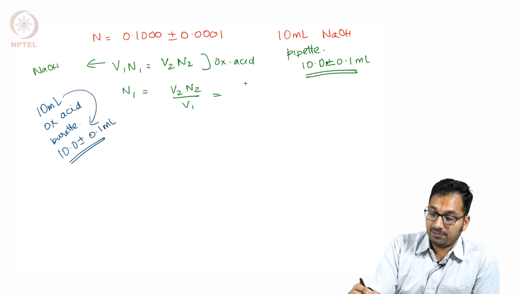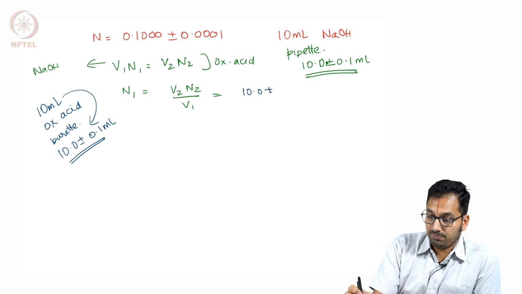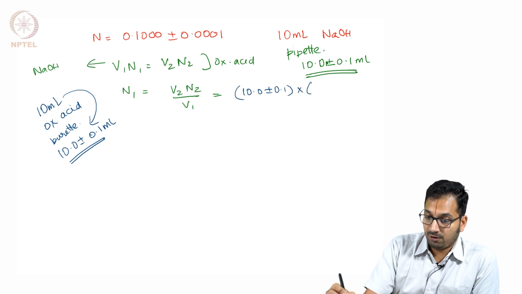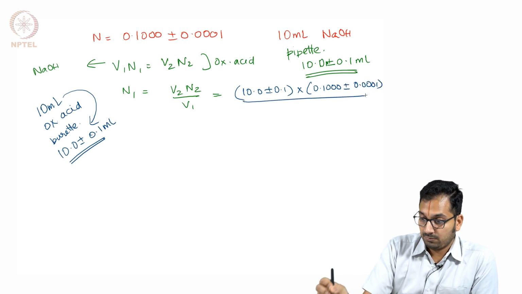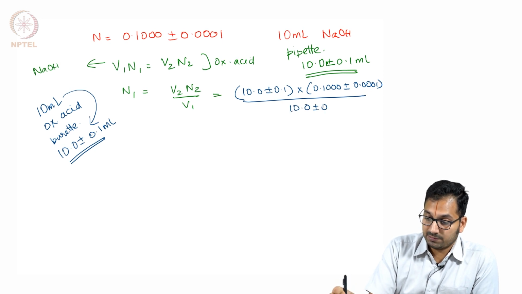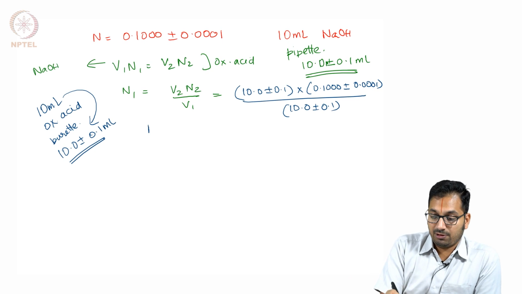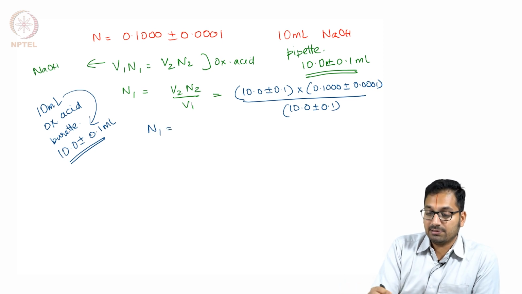So what ends up happening is that you have 10.0 plus minus 0.1 multiplied by normality, which is 0.1000 plus minus its precision, divided by 10.0 plus minus 0.1. Of course, we are able to see the normality, it cancels out, it comes up to be 0.1 normal.